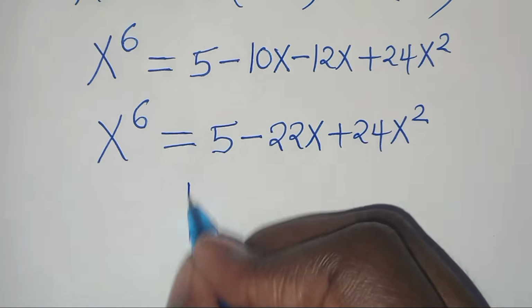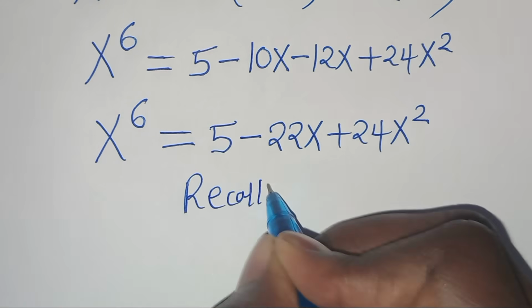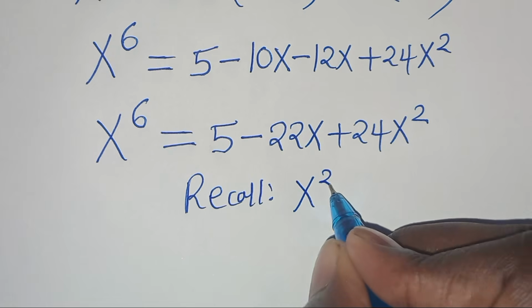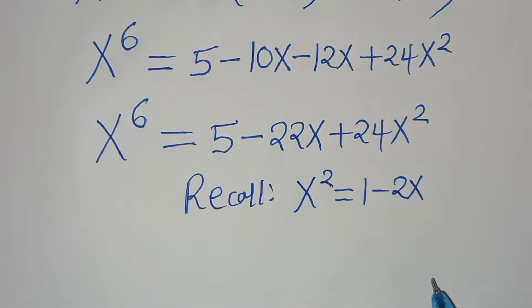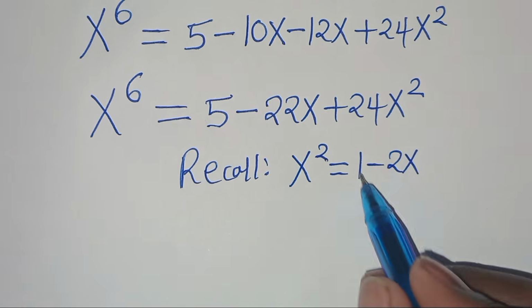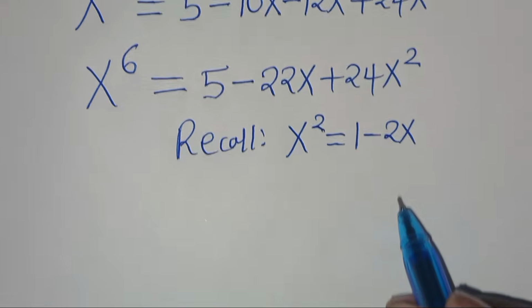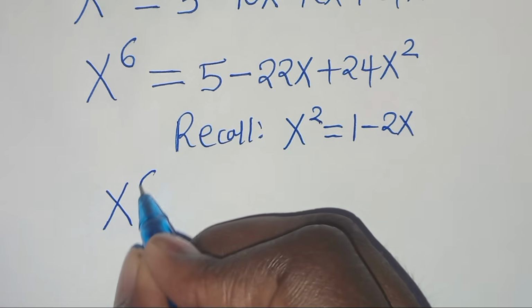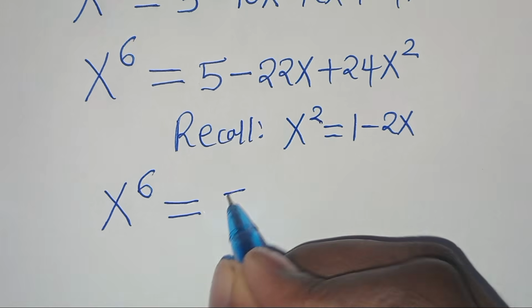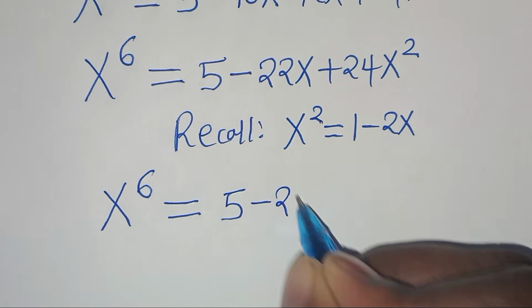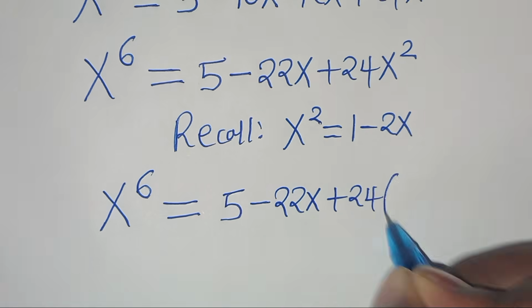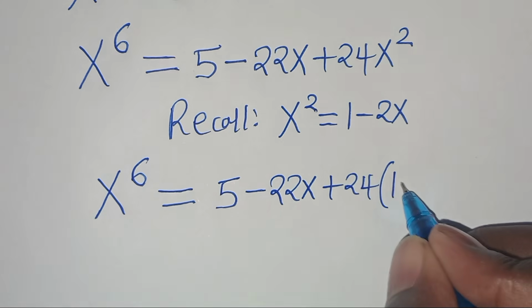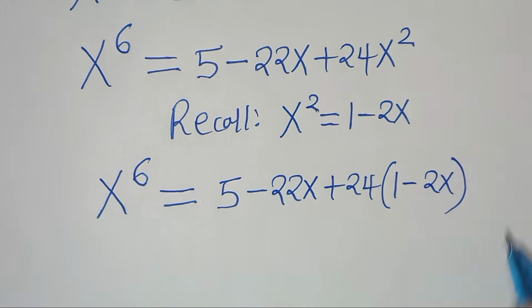The next step is that if you recall, x to the power of 2, this is the same thing as 1 minus 2x. So let's substitute x squared with 1 minus 2x. So this is x to the power of 6, this is equal to 5, subtract 22x, then plus 24, into the parentheses, this is 1 minus 2x.